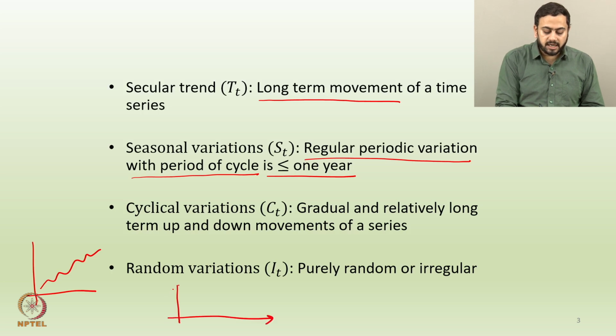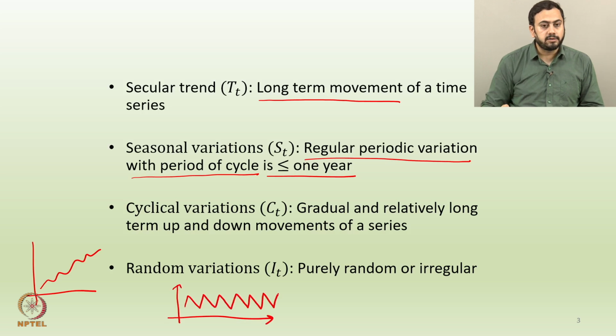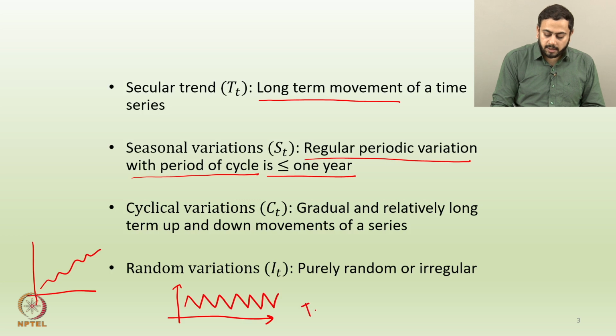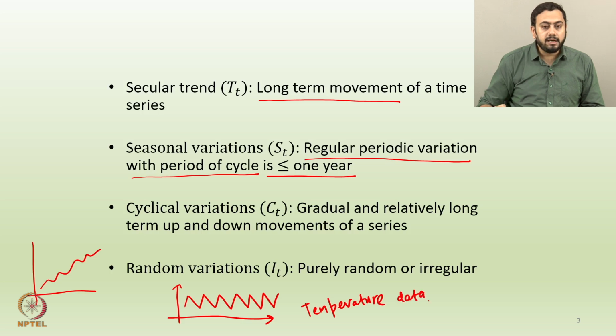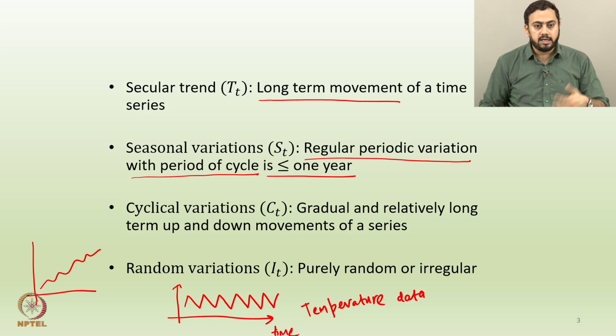How does temperature data look? Let us say there will be ups and downs depending on when there will be summers and when there will be winters. Let me write down temperature. So, temperature data at a particular location over some time span. On the x axis you have time and on the y axis you have the underlying temperature.